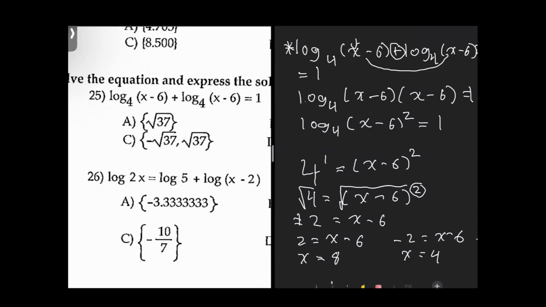So if we replace x with 8, 8 minus 6 is what? It's positive 2. Now, if you put in 4 for x, 4 minus 6 is negative 2. Therefore, this will not work. This is the only actual solution.